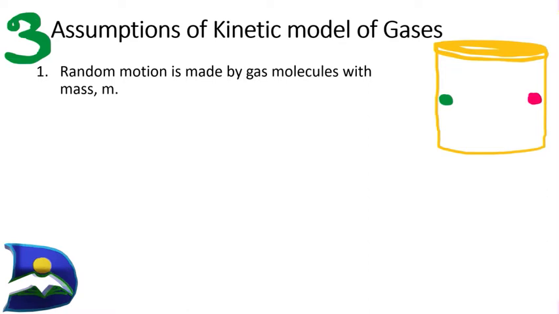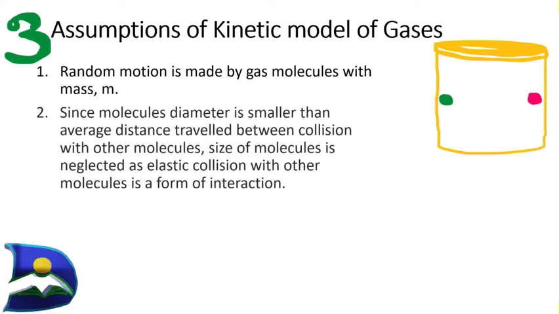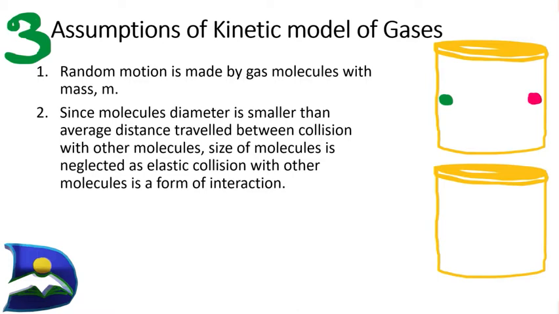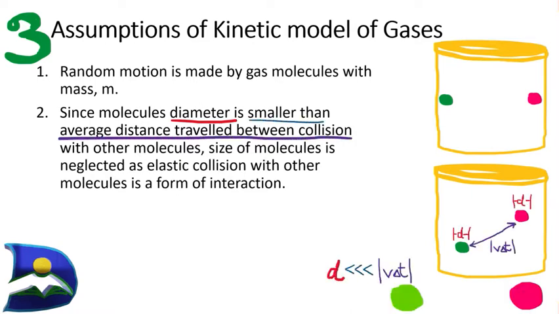And then the second assumption that you have to take into consideration is that the molecule's diameter is smaller than the average distance traveled between collisions with other molecules. This leads us to the conclusion that elastic collision with other molecules is a form of interaction when these two molecules are not reacting to each other.